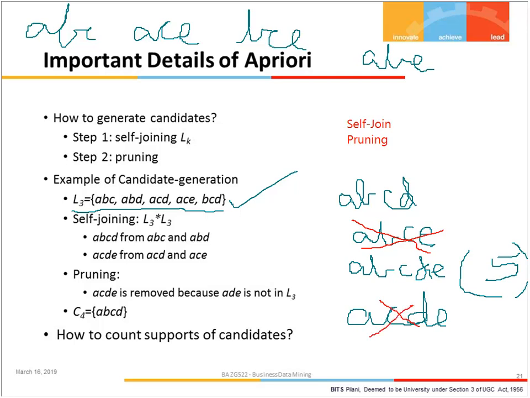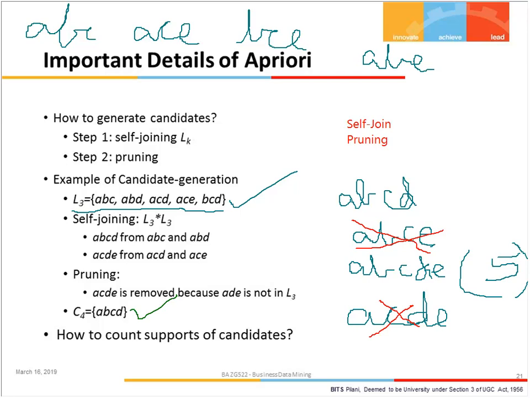So that way, we ended up with only one candidate 4-item set, and we need to find the support for this. Thereby, we could reduce the number of comparisons that we need to do in order to evaluate the support. So this is a significant improvement over the brute force approach.